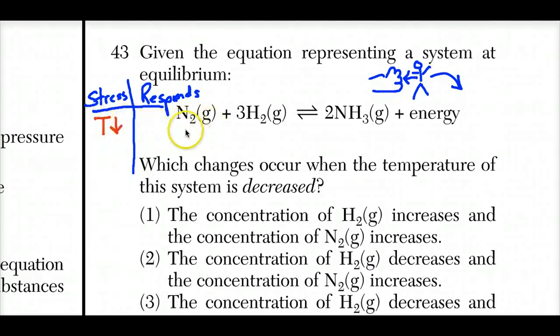So the reaction is going to respond by doing the opposite, by increasing the temperature. Now, how can it increase the temperature? It can do one of two things. It can go in the forward or in the reverse. Well, the forward direction is exothermic. The energy is on the product side. So if we lower the temperature, we just unbalance the reaction. It regains its balance by increasing the temperature to get back to equilibrium.